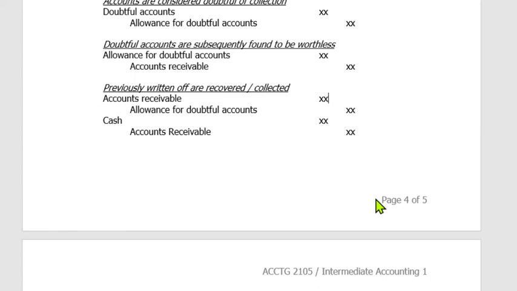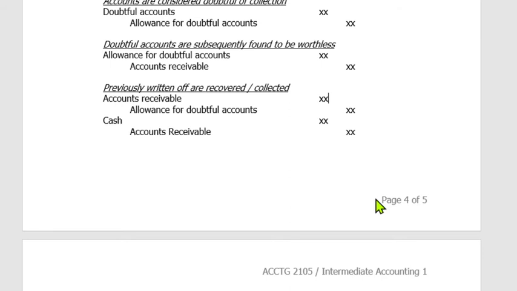Sir, bakit kailangan pang i-restore itong accounts receivable and allowance for doubtful accounts? Hindi na lang pwedeng cash and then other, kumbaga, income, ganun. Because you have to recognize under the matching principle kung saan nanggaling yung recognition noong inflows or yung mga income na yan.